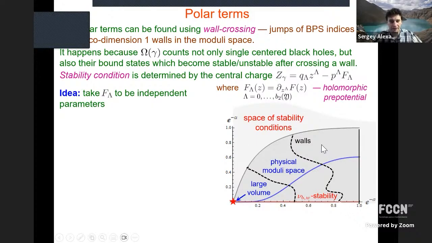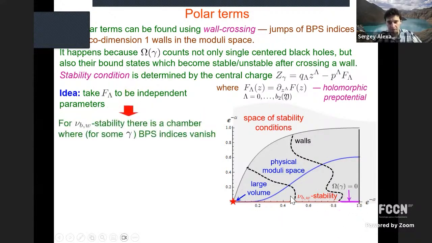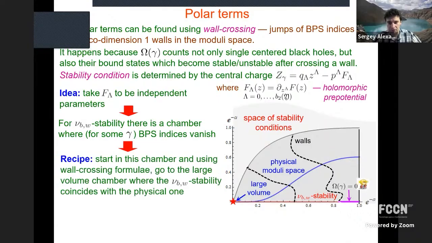And it turns out that in this large space of stability conditions, there is some distinguished point sitting somewhere on the boundary of the whole space, such that nearby there is a chamber where, well, not all, but at least some of the BPS indices can vanish. And then the idea is that you start in this chamber and you just go to the large volume chamber, where this strange new mathematical stability condition essentially coincides with the physical one. In this way, you can actually derive the BPS indices which we are interested in.